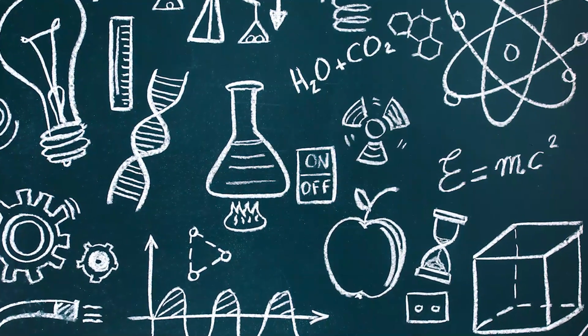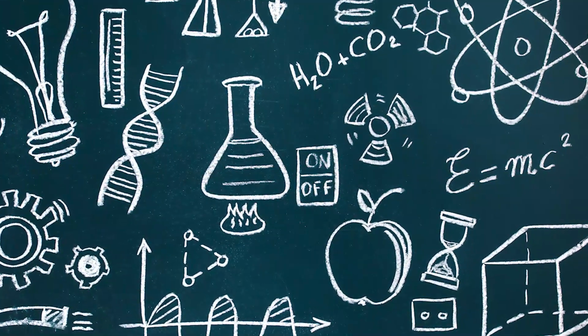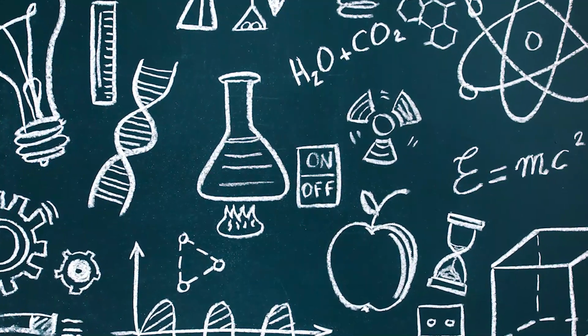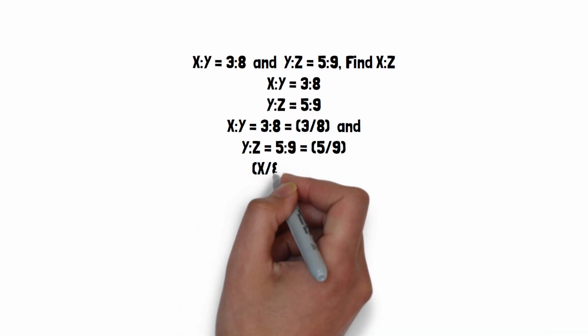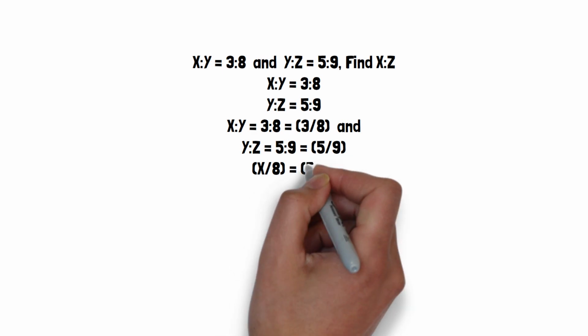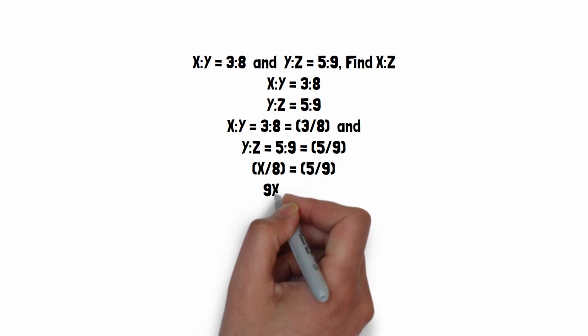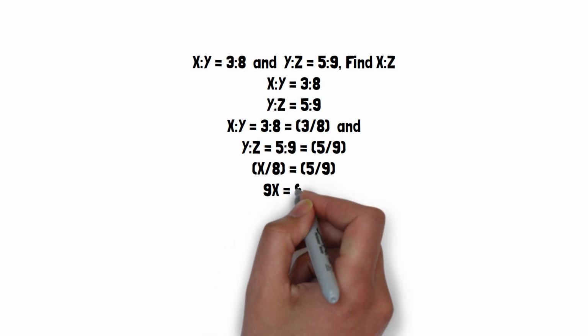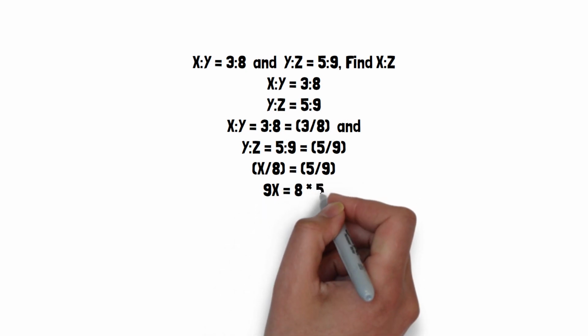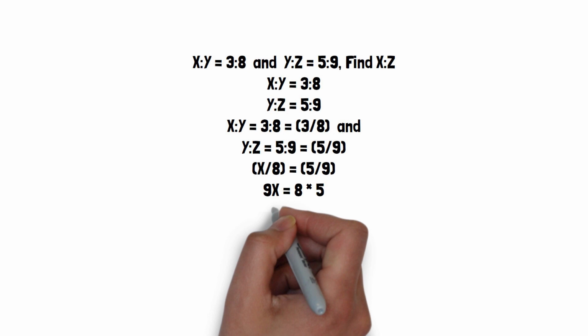Now let's set up the equation using the common term. We can write the equation as x divided by 8 is equal to 5 divided by 9. Shifting 9 to the left-hand side and 8 to the right-hand side, we get 9x is equal to 8 multiplied by 5.